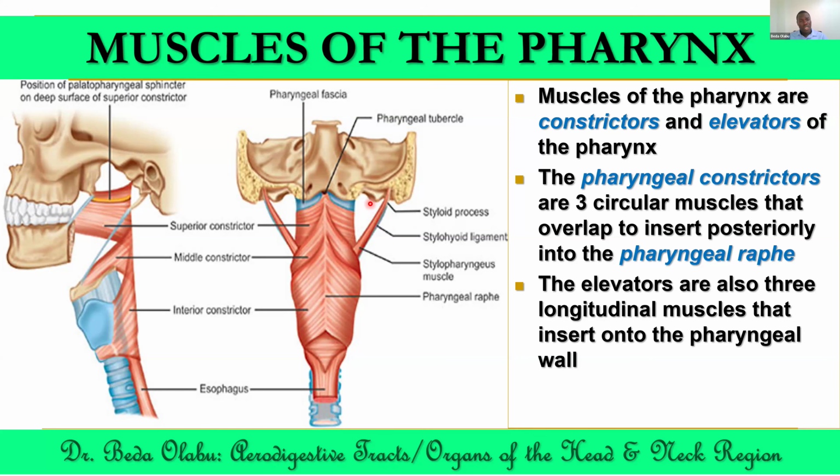Something unique about the arrangement of the longitudinal and the circular muscles of the pharynx is that in the rest of the GIT, the muscles are arranged in such a way that you have an inner circular layer and an outer longitudinal layer of muscles.